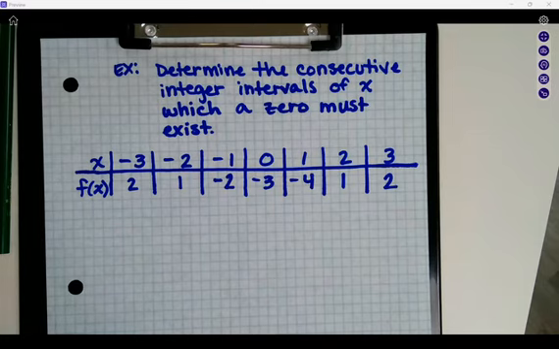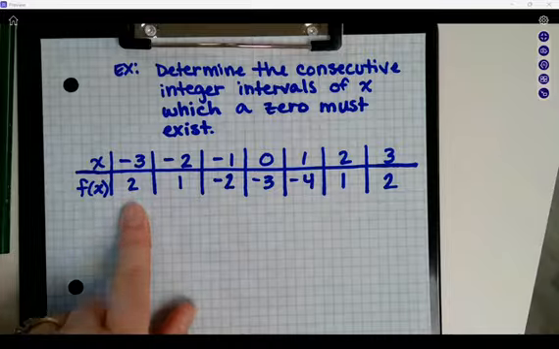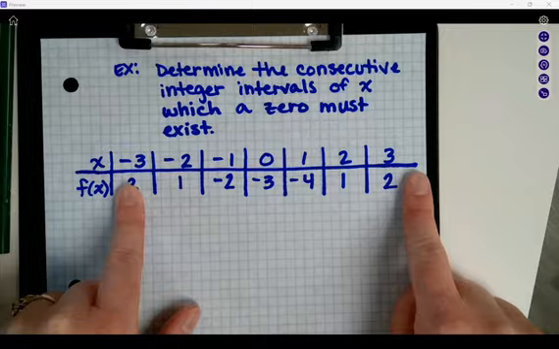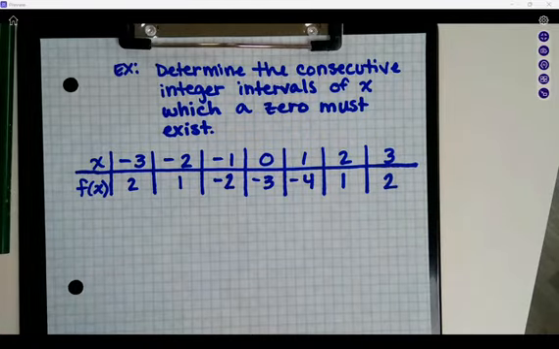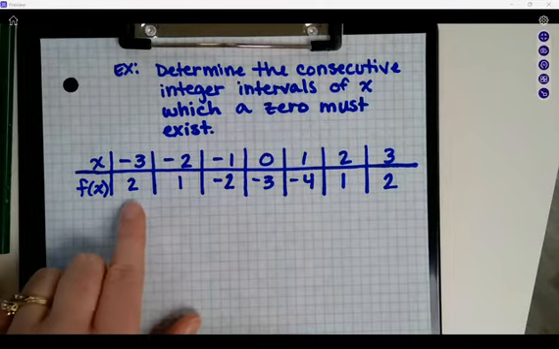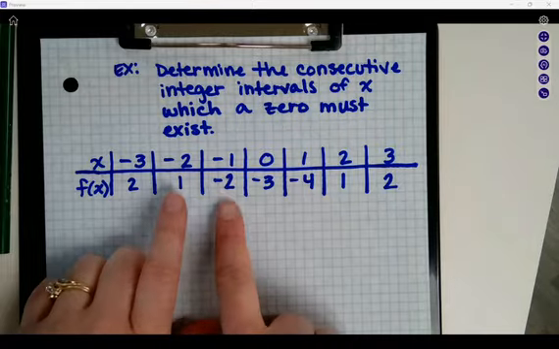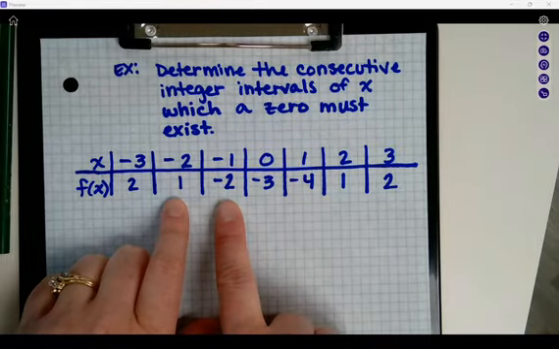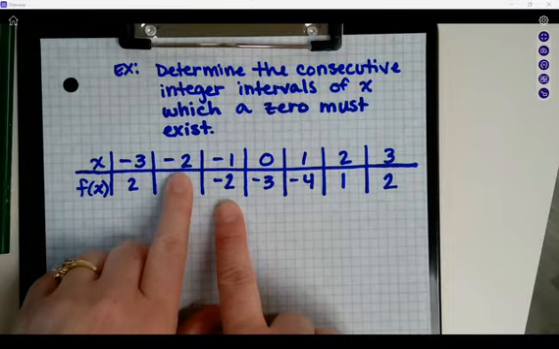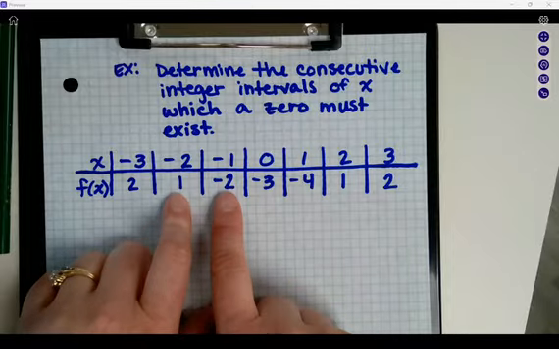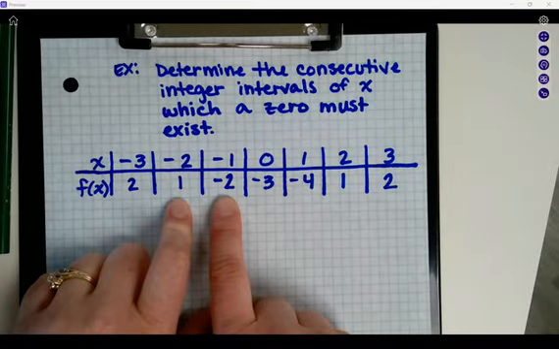So let's actually look at this table here. My x values are consecutive. They're counting up by one. So I'm going to focus just on my outputs, my f of x values, or my y values. Here I've got a positive 2, positive 1, negative 2. Here there is a flip in signs. So that means between the interval of x equals negative 2 and x equals negative 1, there has to be a zero between these two x values because my output is crossing the x-axis.